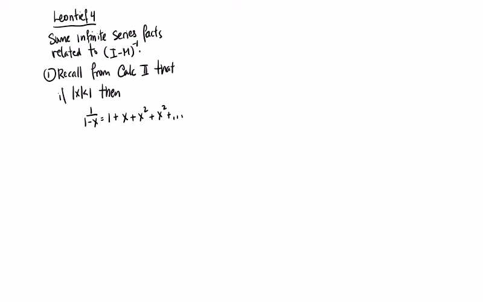And this comes from either geometric series, or Taylor expansions, or multiple ways to look at this. Right? So this can be rewritten as an exponent. That's a cube right there.